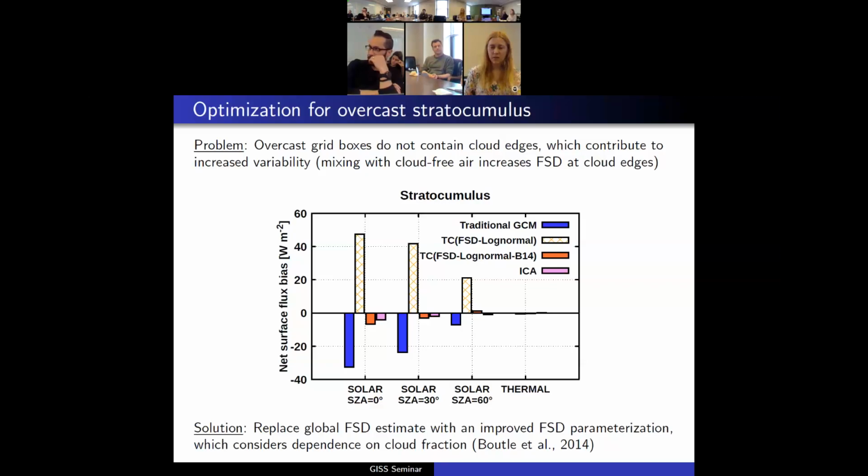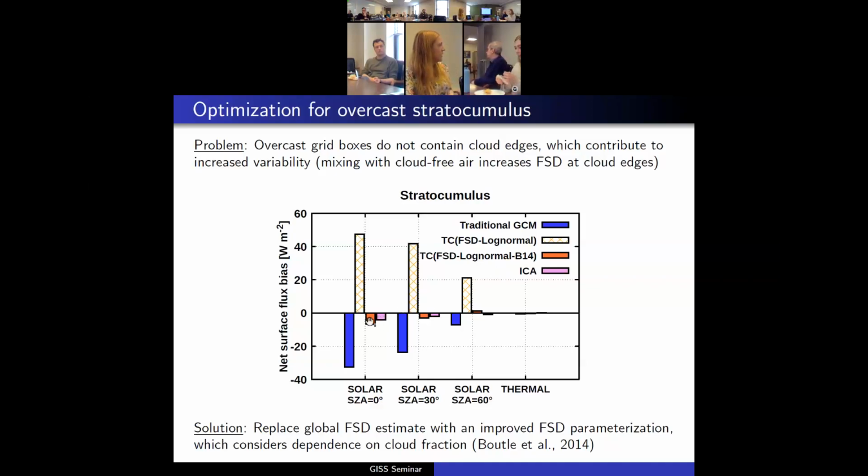There are various parameterizations which consider this cloud edge effect and which consider dependence of cloud inhomogeneity on cloud fraction, such as that of Hogan and Bozzo 2014. And when I employed this parameterization in the Tripleclouds, the radiative biases were largely eliminated again.